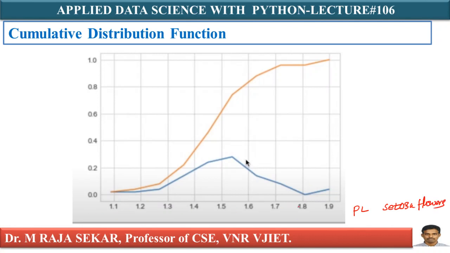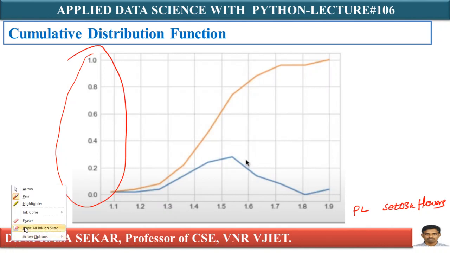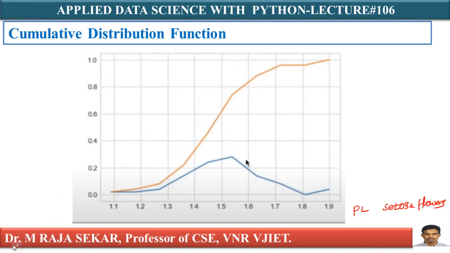On the x-axis, 1.1 is one flower's petal length and 1.2 is the petal length of another setosa flower. On the y-axis, these are all probabilities. You know how to construct a probability density function. I already discussed it. If I write a program, this is my probability density function.